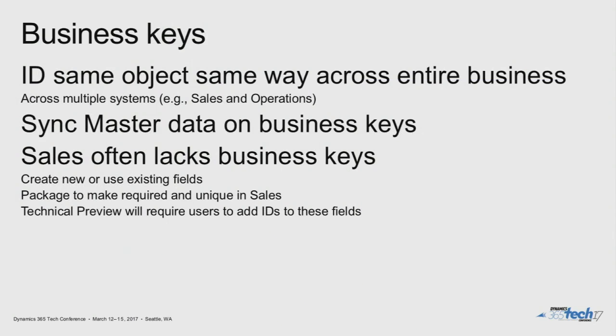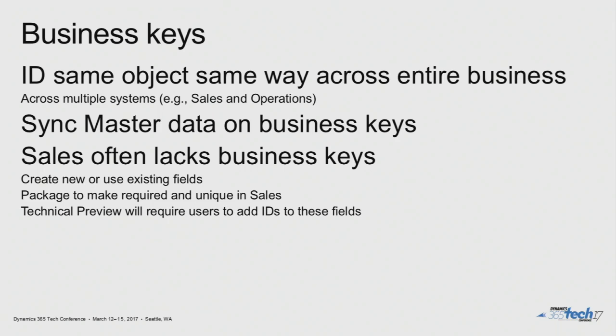All right. So now Christian talked a little bit about the various fields that we're using to map. But an important concept that I want to make sure everybody understands is the way that we're going to be synchronizing. We're going to be synchronizing on business keys. A business key is, if I use a SKU to identify a product in operations, I use that same SKU to identify the product in sales.